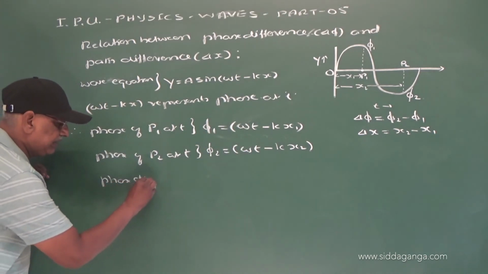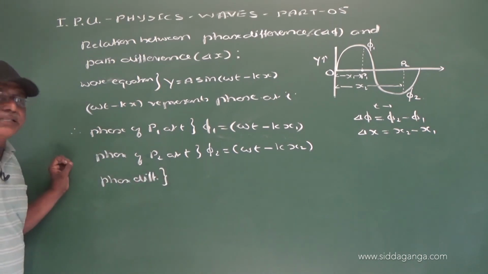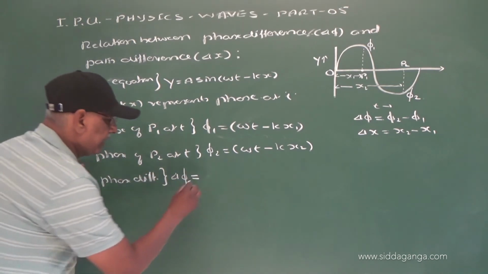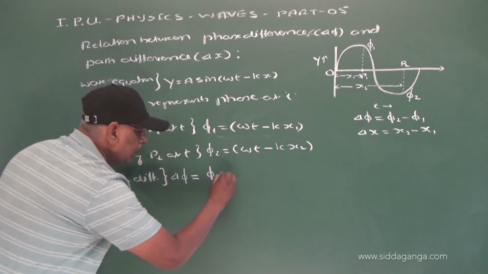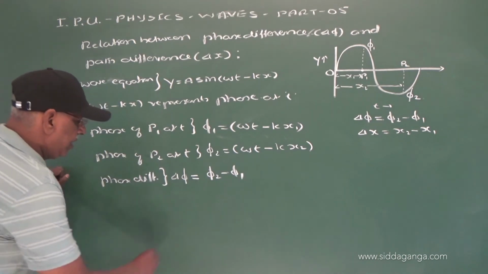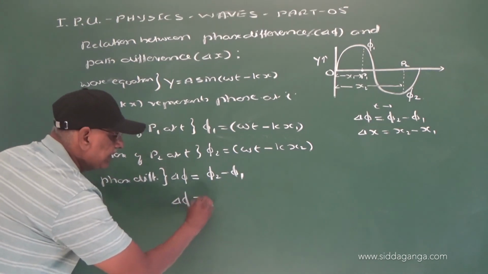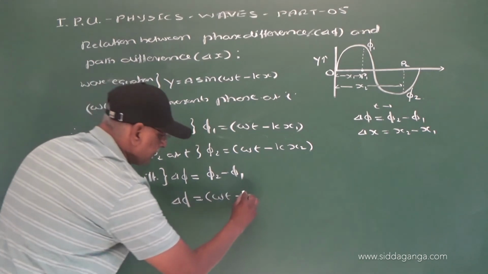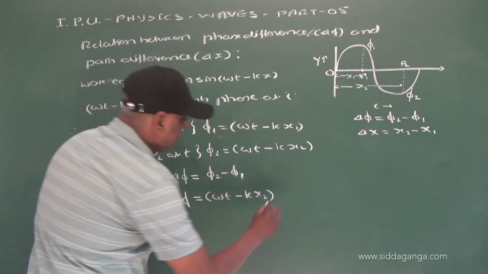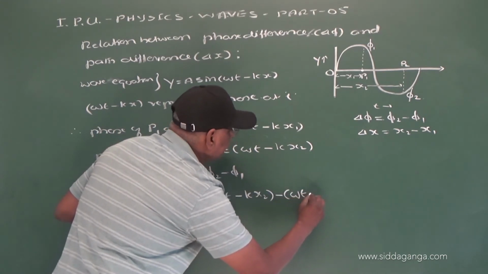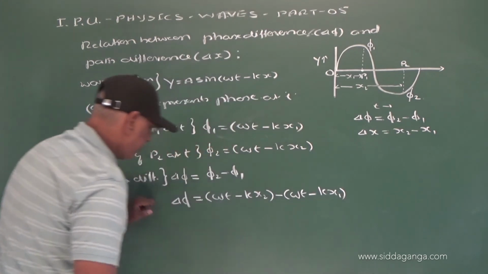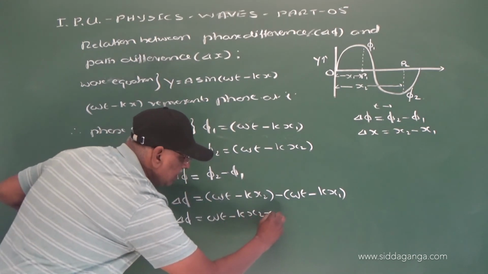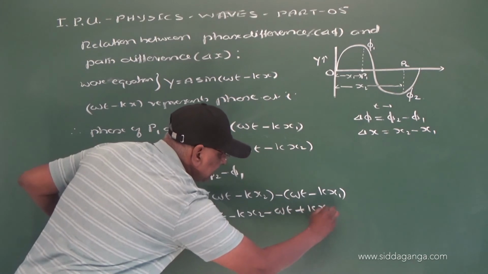Now the phase difference between the particles P1 and P2, delta phi, is equal to phi 2 minus phi 1, or delta phi is equal to omega t minus kx2 minus omega t minus kx1, or delta phi is equal to omega t minus kx2 minus omega t plus kx1.